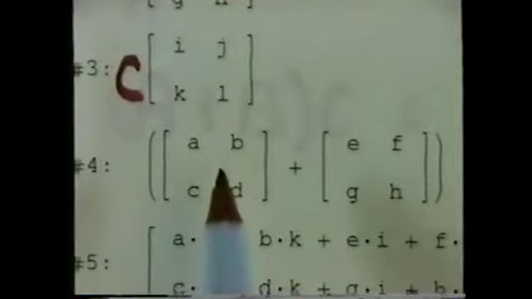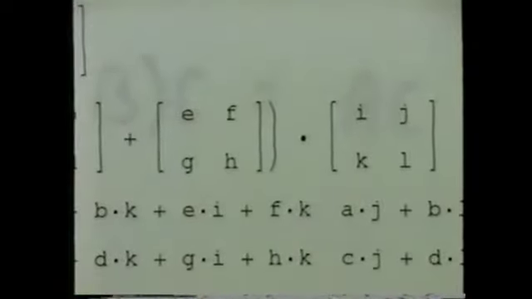So I have matrix A plus B times matrix C. And then I told Derive to simplify. And it gave me AI plus BK plus EI plus FK and so forth. Here's the matrix that it gave me.